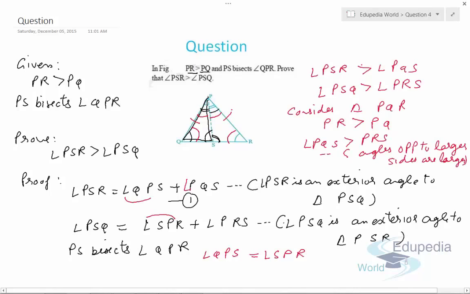So from 1, angle PSR is greater than angle PSQ. Because angle PSR is greater than PQS and angle PSQ is greater than angle PRS, and angle PQS is larger than angle PRS. So we can say that angle PSR is larger than angle PSQ. This is how we can prove these types of questions in inequalities.